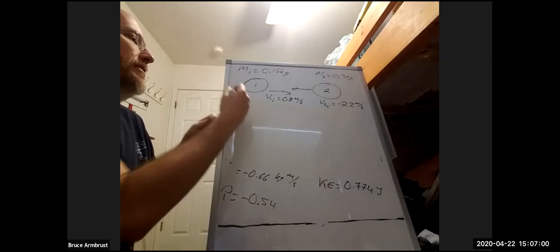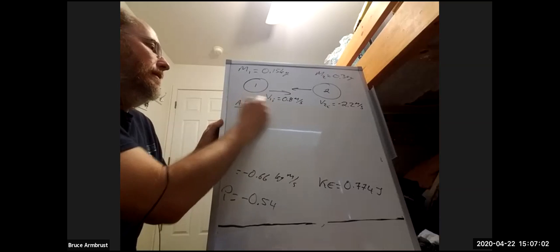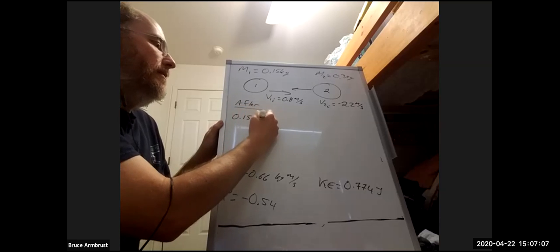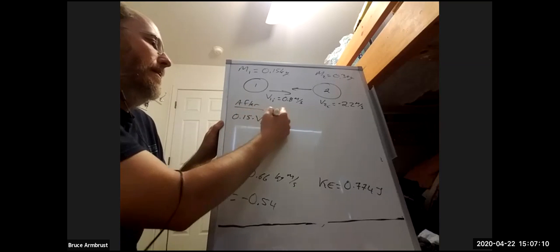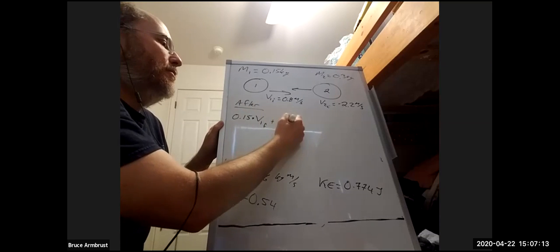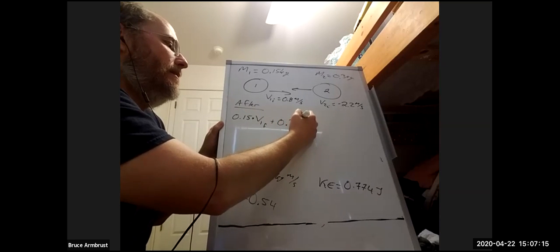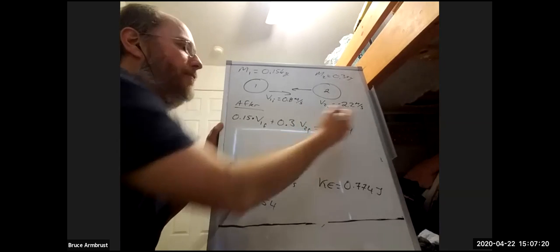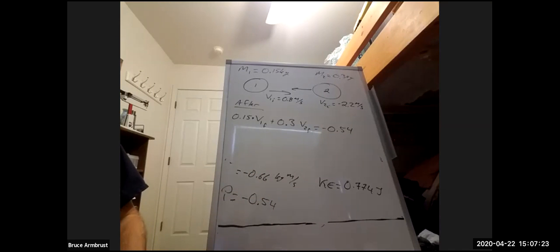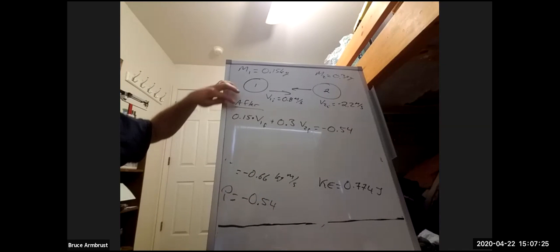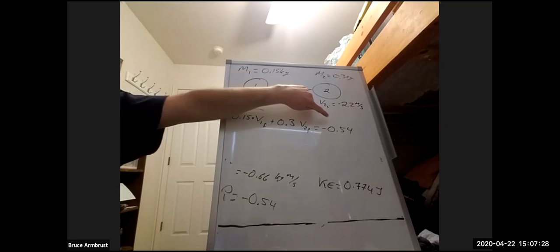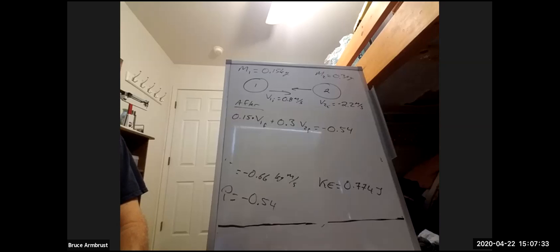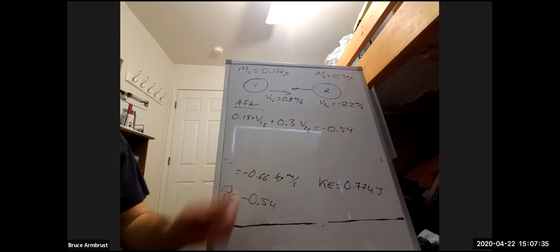So after the collision, we're going to have 0.15 V1 final plus 0.3 V2 final is going to equal negative 0.54. So this is our momentum. The momentum of the first one plus the momentum of the second still needs to add up to the total that we had. So whatever V1 and V2 finals are, they have to satisfy this equation.